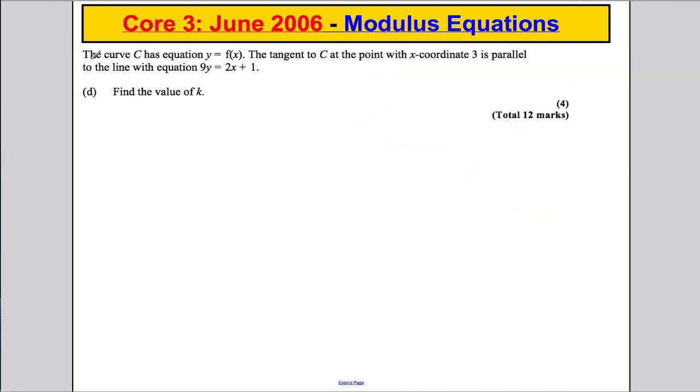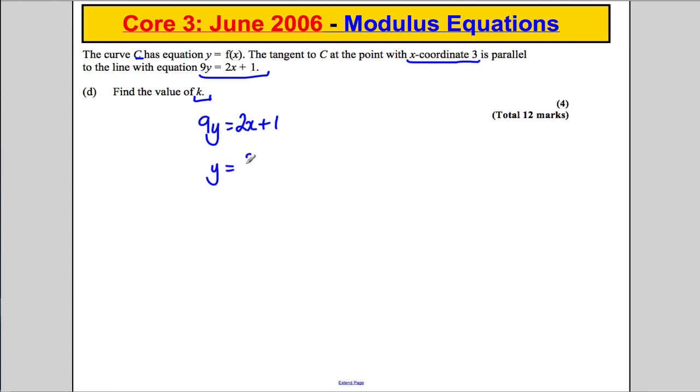Last part: the curve C has equation y is f of x. The tangent to C at the point x equals 3 is parallel to this line. Find the value of k. We're using the fact that the tangent to the curve is parallel to this line, so what's the gradient of this line?